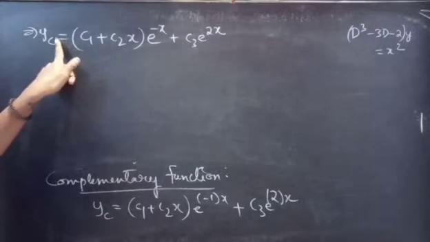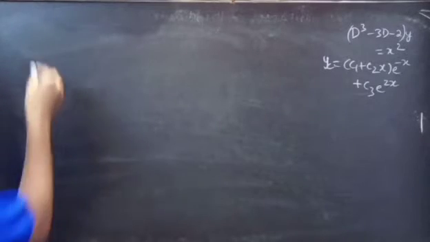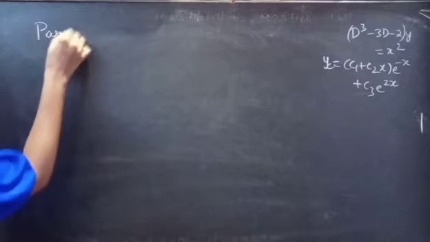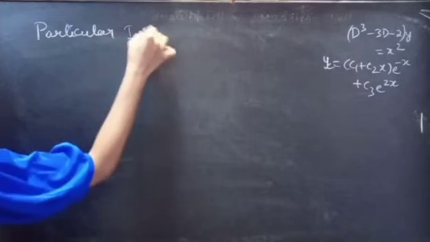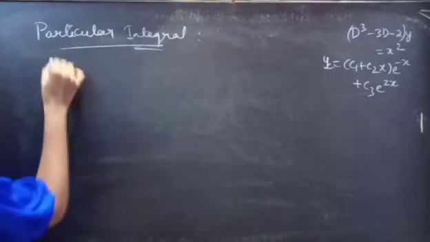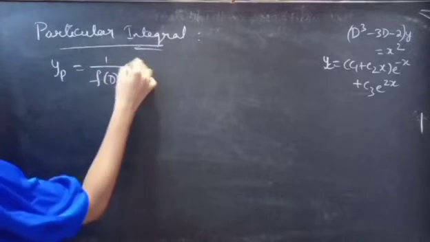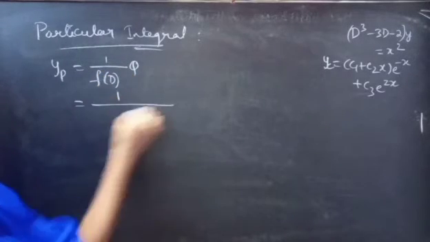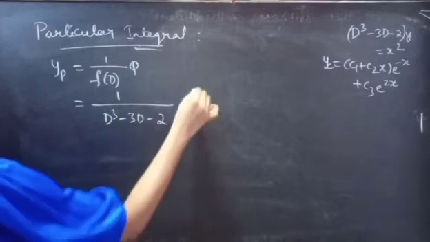Now let's find yp, particular integral. You can find yp using 1 by f of d into q, where f of d is d cube minus 3d minus 2 and q is x squared.